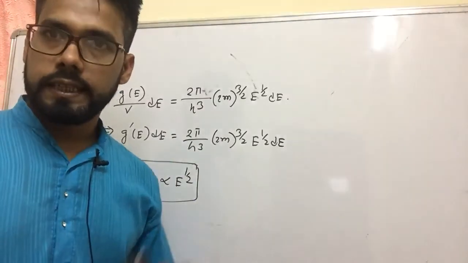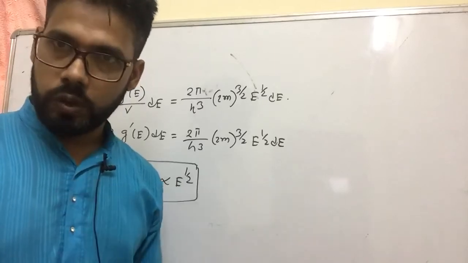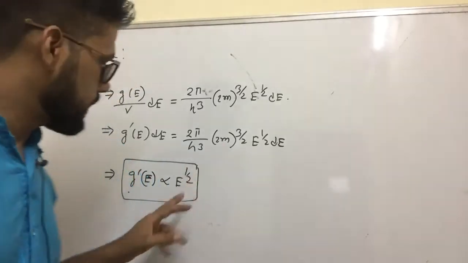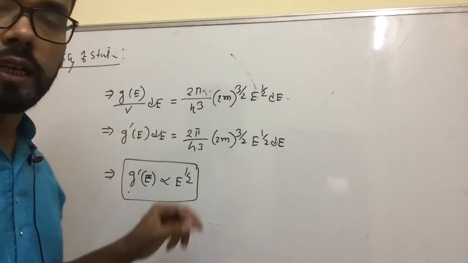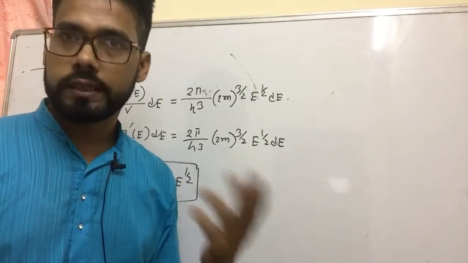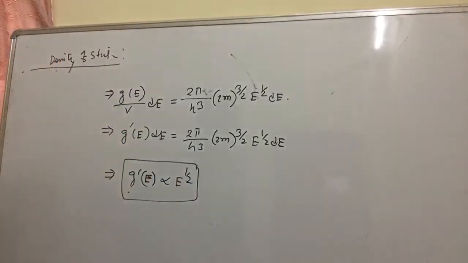I am telling you, in a semiconductor there are two types of carrier: one is the electron, one is the hole. Both are fermions. So we have to know the density of state in order to calculate the number of carriers in a semiconductor. How it is important and what type of calculation is involved, I will tell you after finishing this part.